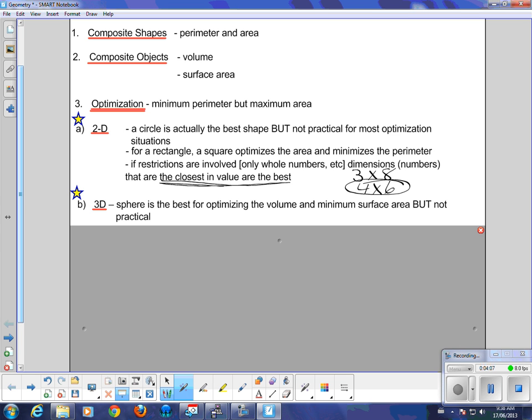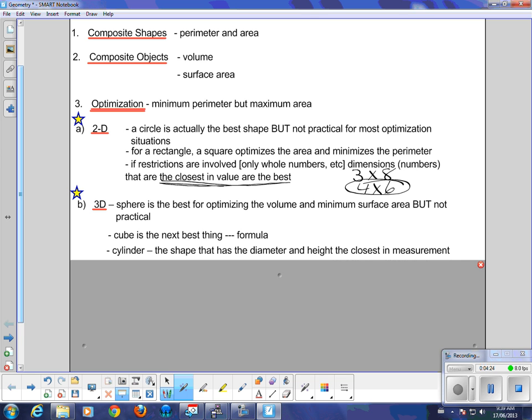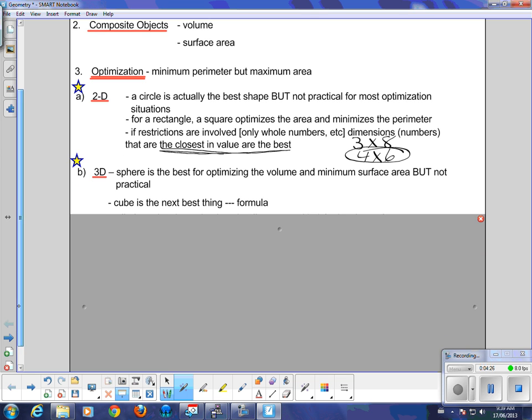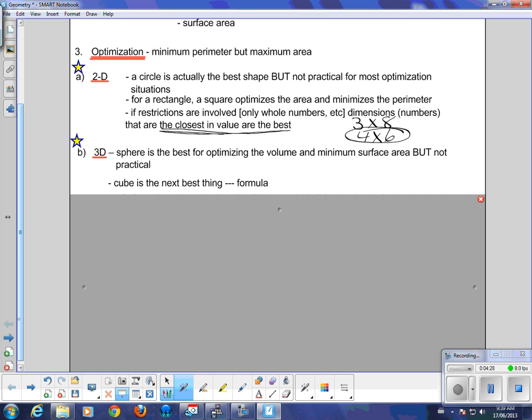But again, it's not practical. So if I'm making an ice cream carton, obviously I want to fit a certain amount of volume into it, but I want to reduce the amount of packaging that's going to be required. Obviously, I'm not going to make it out of a sphere. Why? Because it wouldn't sit on the shelf very well. Okay, so what we're looking at is usually the next best thing is a cube.